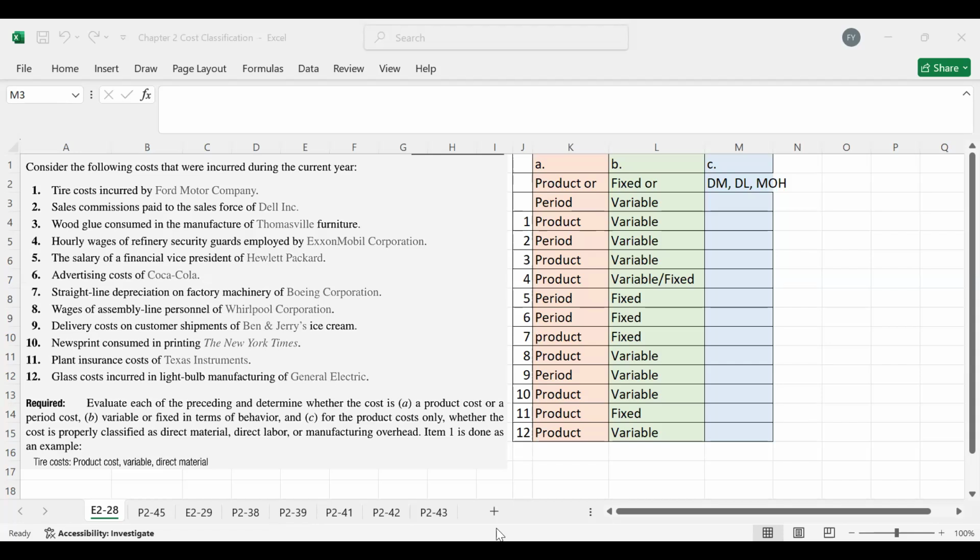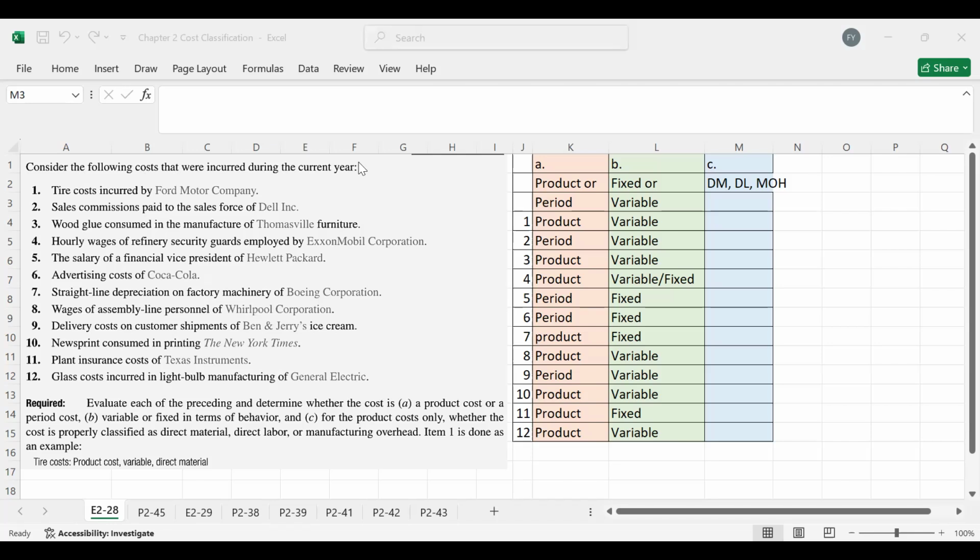So I'm sharing with you the Excel sheet, and we will cover two problems from Managerial Accounting by Ronald Hilton, and we are covering edition 9. So this is exercise 2.28, and consider the following costs that were incurred during the current year. So we have different costs.